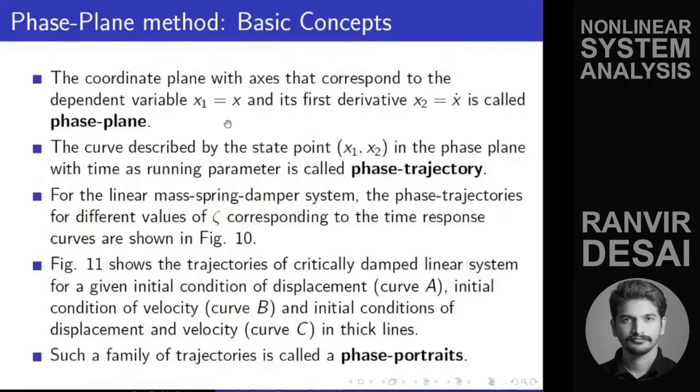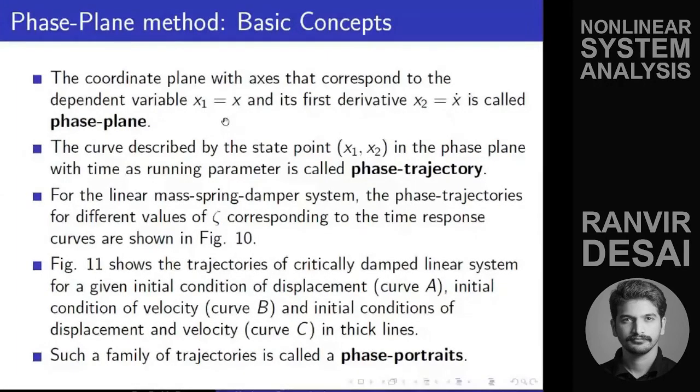So see here, the coordinate plane with axes that correspond to the dependent variable x1, that is x, and its first derivative x dot, is called the phase plane. They may be dependent, they may be independent, but of course they are dependent. But with x1 and x2, you can just plot x2 with respect to x1. We generally take x1, the first state, on the x-axis and the second state on the y-axis.